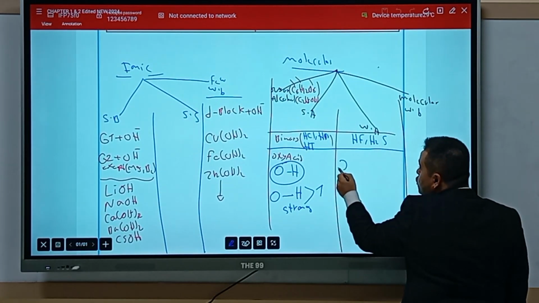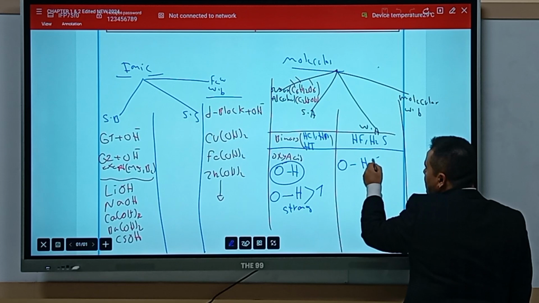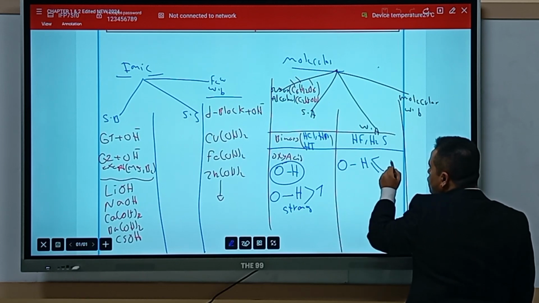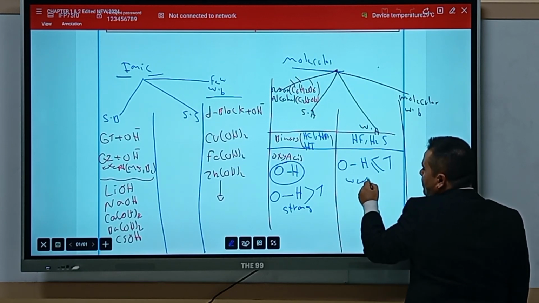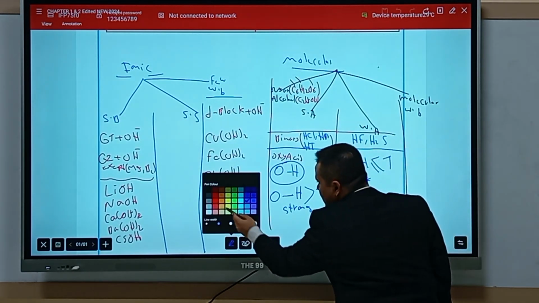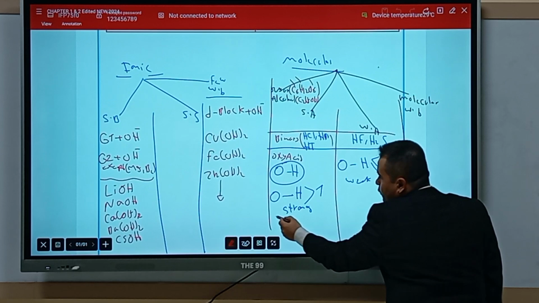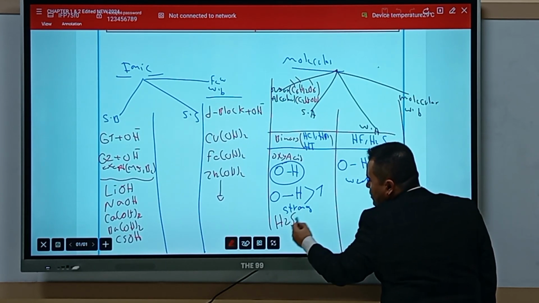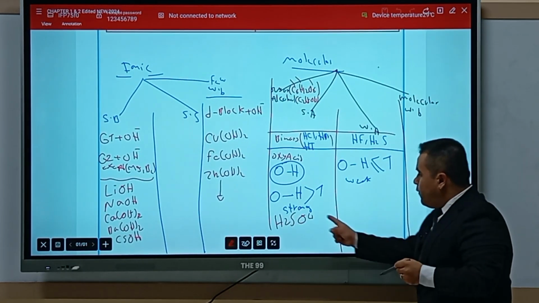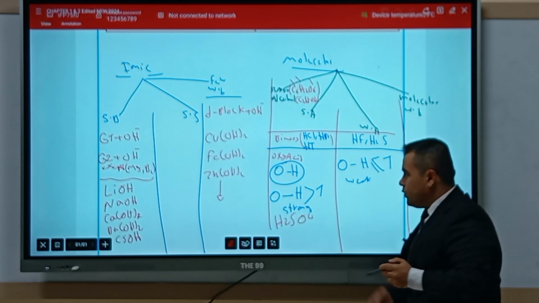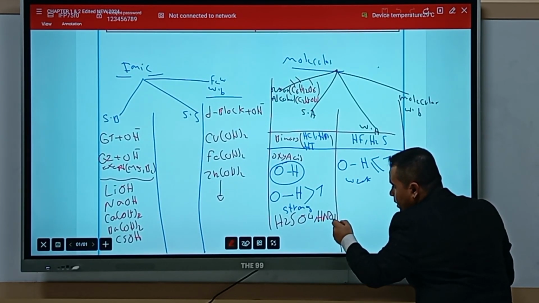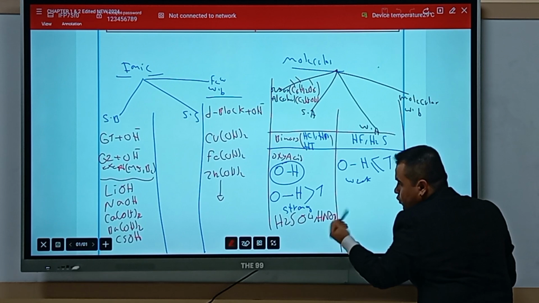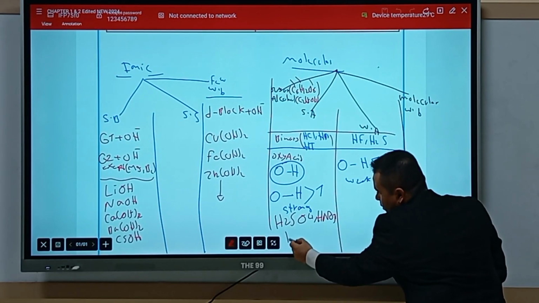But if oxygen minus hydrogen is less than or equal to 1, that is 0 and 1, it's weak. Let me provide examples. For example, H2SO4. 4 minus 2 is 2, so it's strong. HNO3. 3 minus 1 is 2, so it's strong.